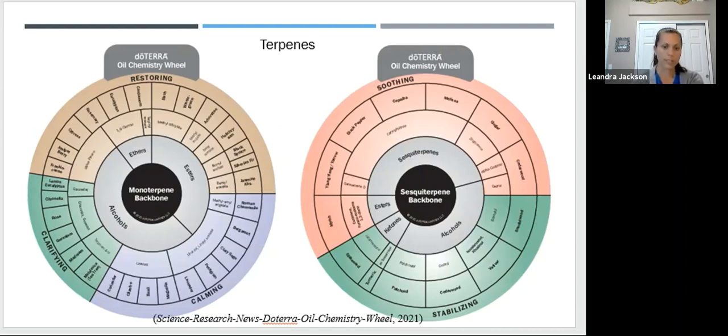It's important to realize that functional groups and carbon backbones are two separate features of aromatic compounds. And this means that the molecule can be both a monoterpene and an alcohol at the same time. Likewise, there are molecules that are sesquiterpene alcohols, monoterpene aldehydes, sesquiterpene ketones, etc. And there is an endless amount of combinations when it comes to the category and the function.